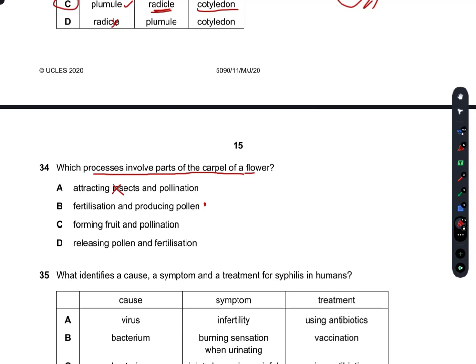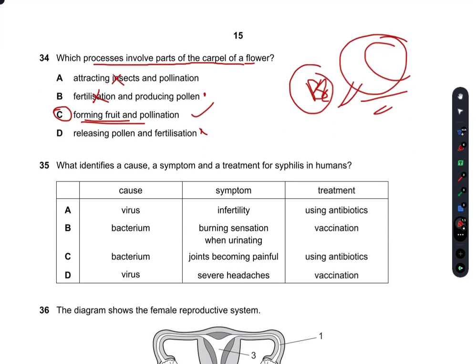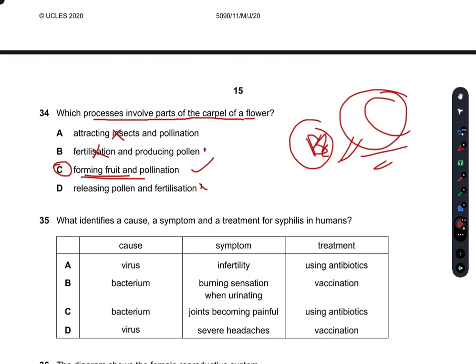Forming fruit and pollination, yes, both require involvement of parts of the carpel of the flower. So B is true. Releasing pollen and fertilization, I think fertilization is not involved here. So C is the right answer. You can still check this from your own textbook. I'm not sure about this one, so sorry for that.